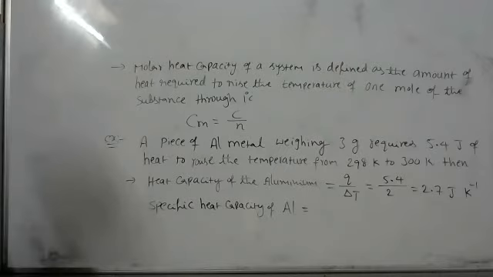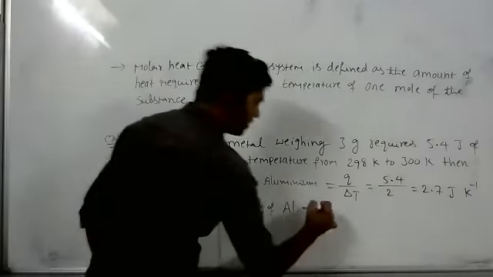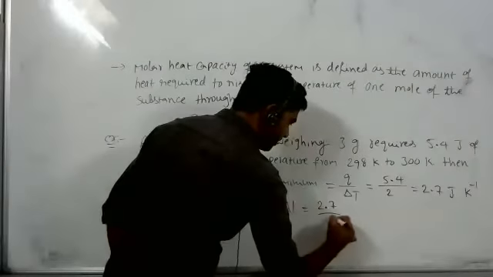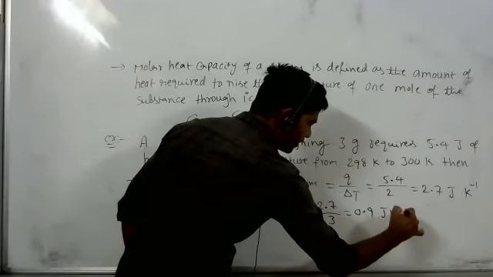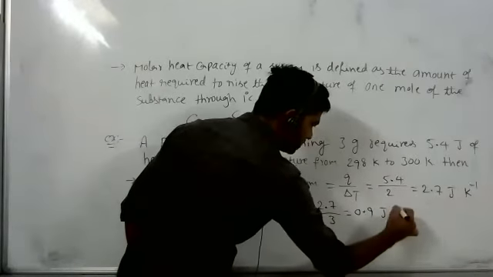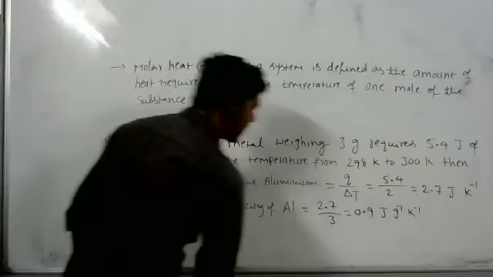So for 3 grams, heat capacity is 2.7 joule Kelvin inverse. Then for 1 gram, 2.7 divided by 3 gives 0.9 joule gram inverse Kelvin inverse.